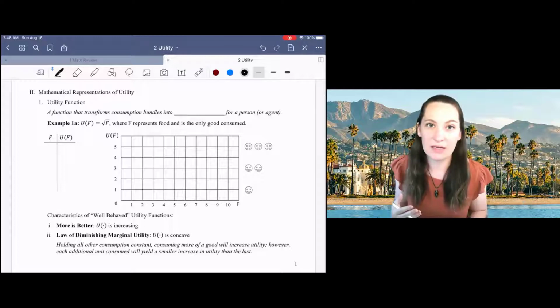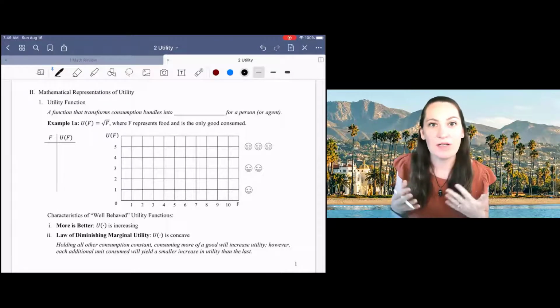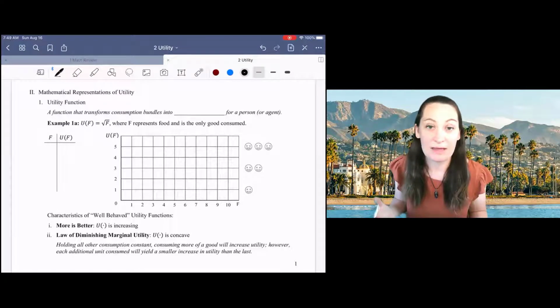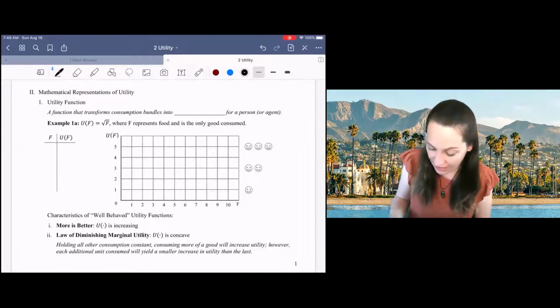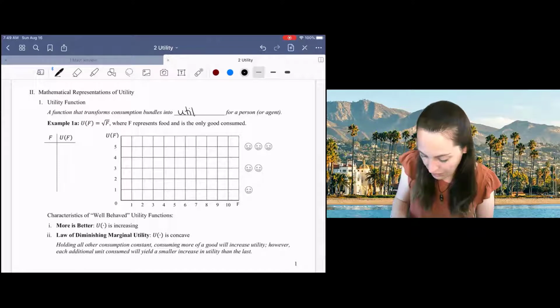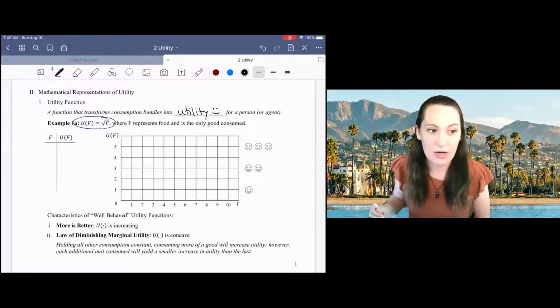So before we get into the more complicated utility forms, we're going to start with some really simple functions that just have one good, and we'll use that to learn the tools with which we can evaluate utility. A utility function is just an equation that transforms consumption goods into utility, this measure of happiness for our person, our consumer.